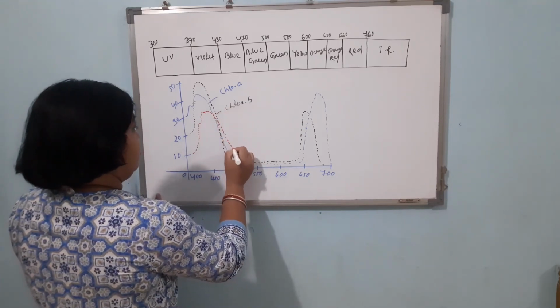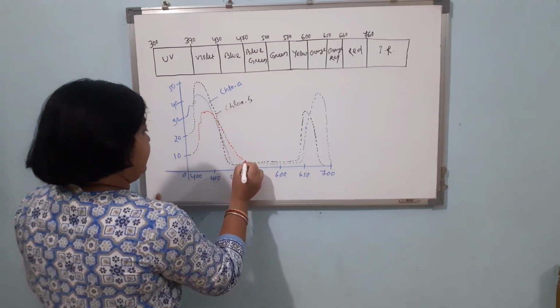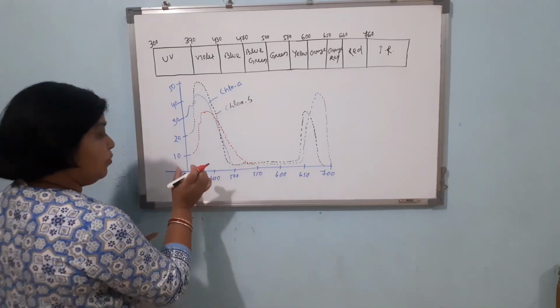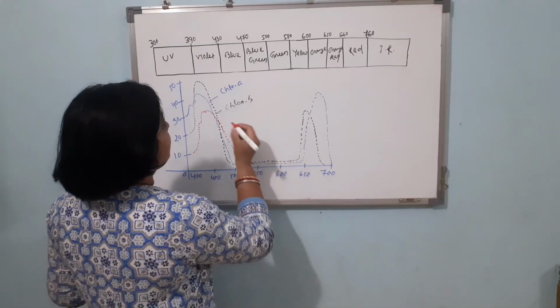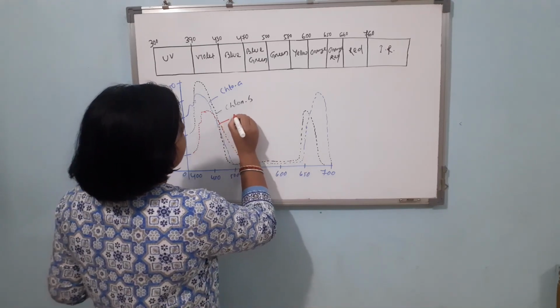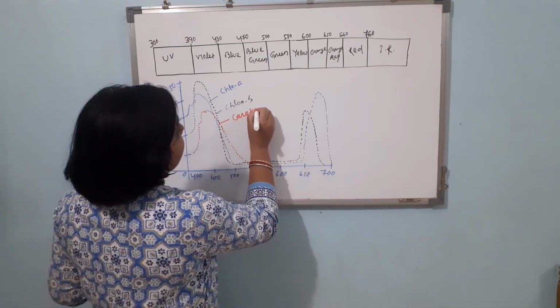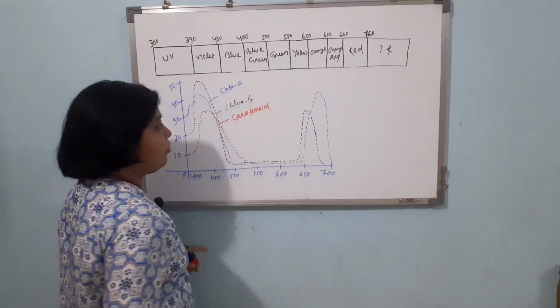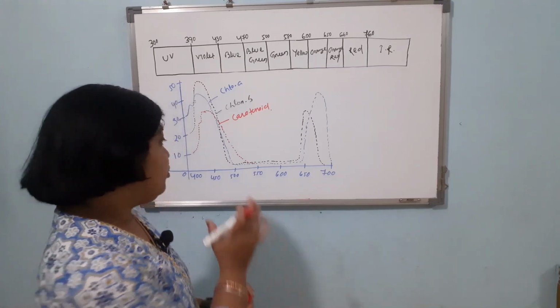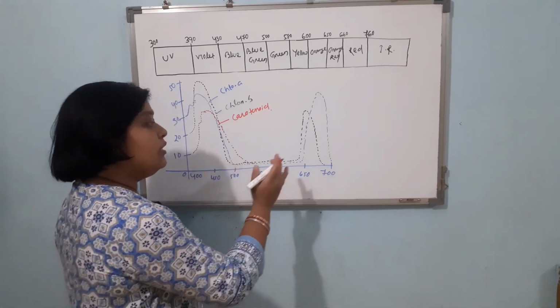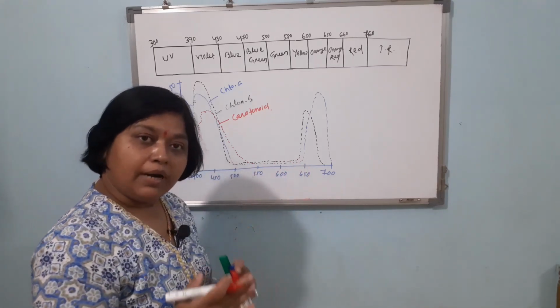You will also find its range within 400 nanometer to 700 nanometer, and this is the peak for carotenoid, or you can say beta carotene. All these pigments absorb light within the range between 400 nanometer and 700 nanometer wavelength of light.